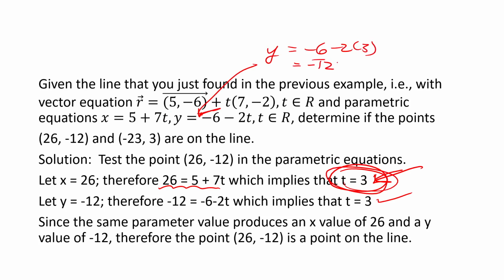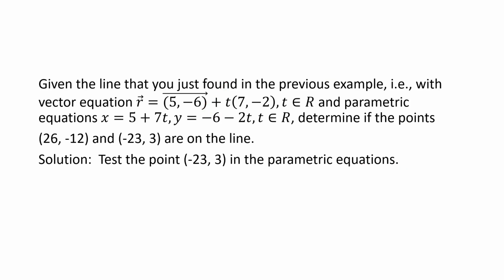We get negative 12, and then they'll say, okay, yeah, that's what I was supposed to get. So in a way, they're using the y to check if that parameter value that gave you the x also gives you the y. If you use that method, it's just as good as the other method we used, which is shown typed on your screen right there. So both equally good methods. Okay.